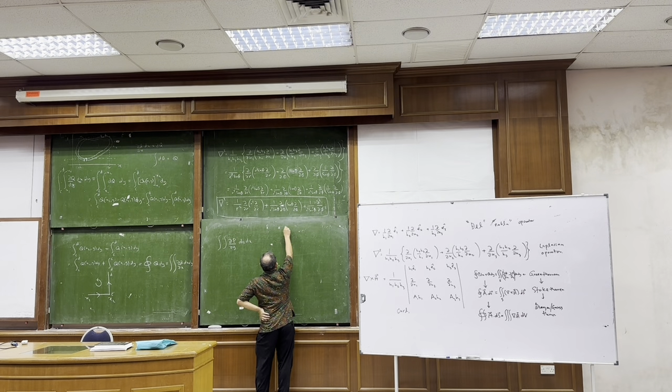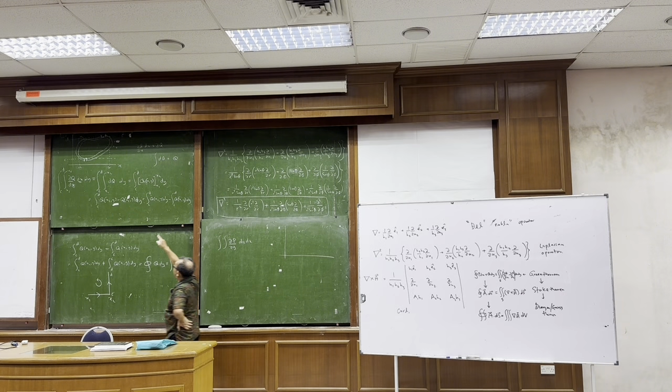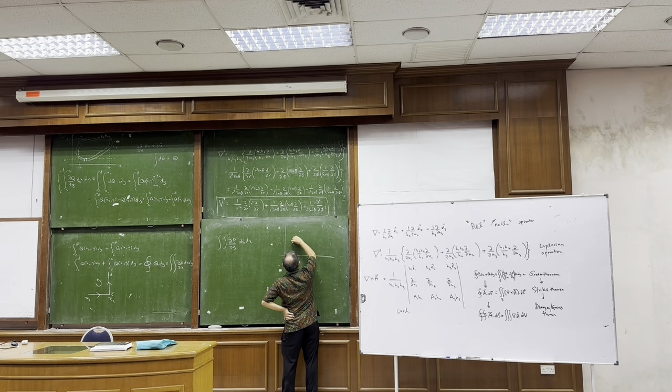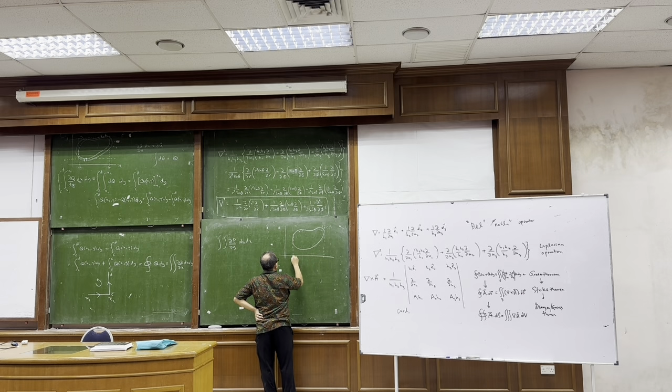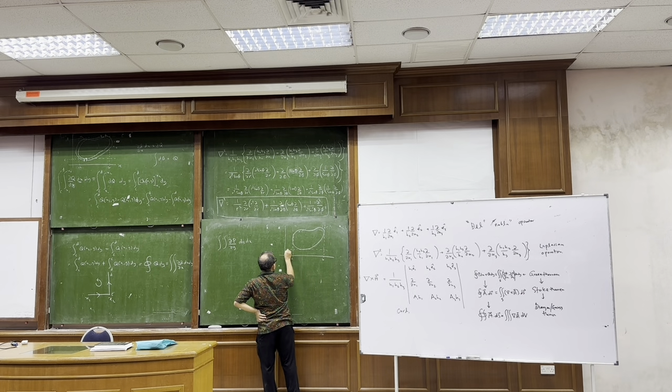Okay, I have to redraw again because I didn't put y. So where is y? Okay, the closed surface, something like this. And then there is here. So this is AB. This is CD.